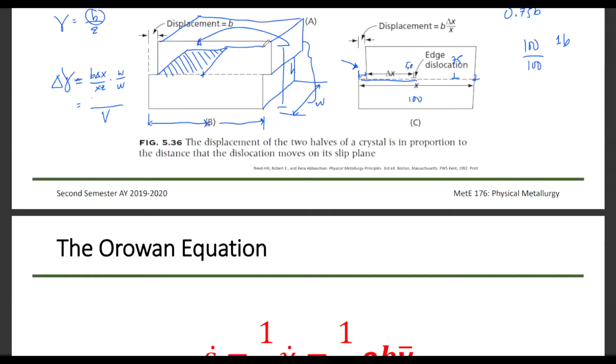So if it traverses this one, then this is the overall area na na-cover na. So this is actually just B delta A. Okay? So from here, we know that yung, wait lang.